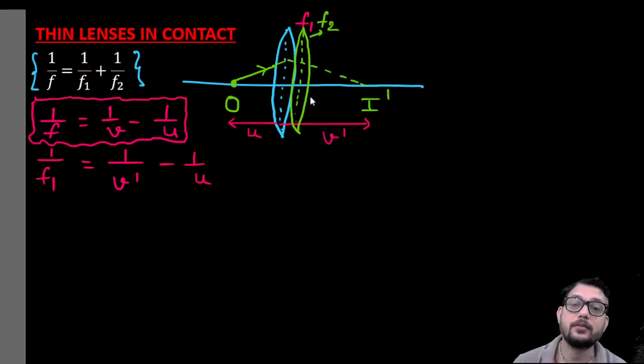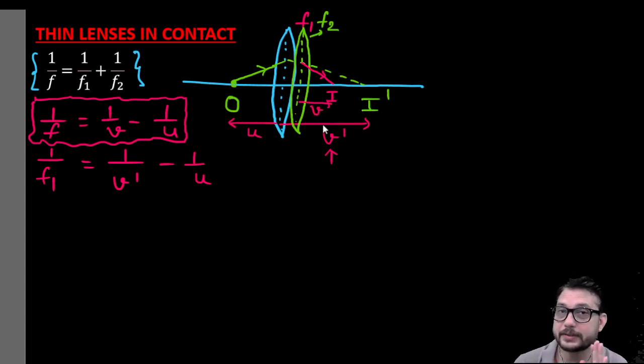In this case the distance of the object is taken as v dash. Now we have to complete the ray diagram. The final image we will get is I at a distance v.